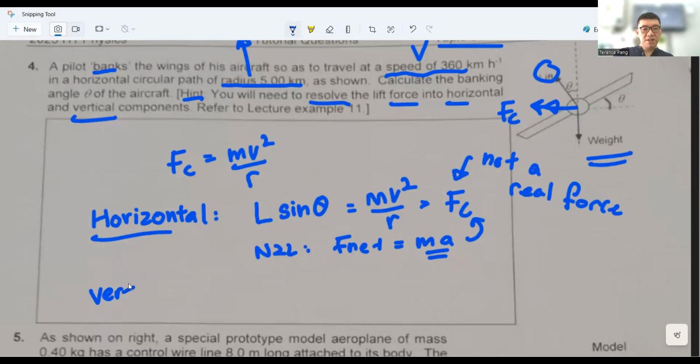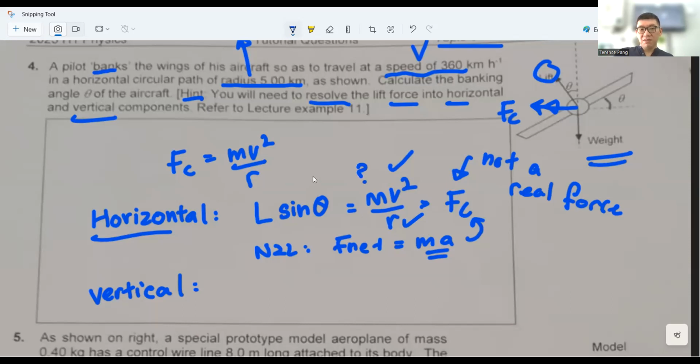So vertically, let's look at the vertical. When you are at this point and you think, I've got so many unknowns, I can't solve, no, you can. You just got to keep going. Keep in mind you have your V and your R. You don't know your m, so put a question mark.